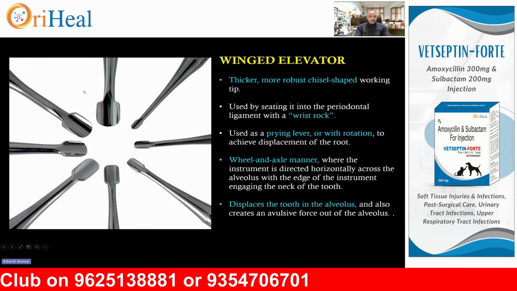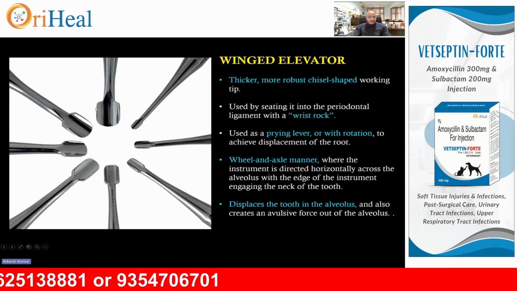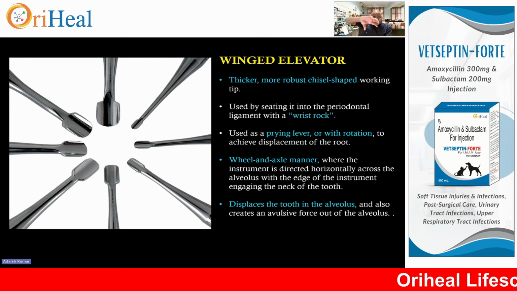Now these are the winged elevators. The luxating elevator or luxator is used to cut the periodontal ligament. Now this elevator is inserted inside the space created by the luxator, and it is rotated in different manners so that you break the firm attachment of the tooth with the alveolar socket.